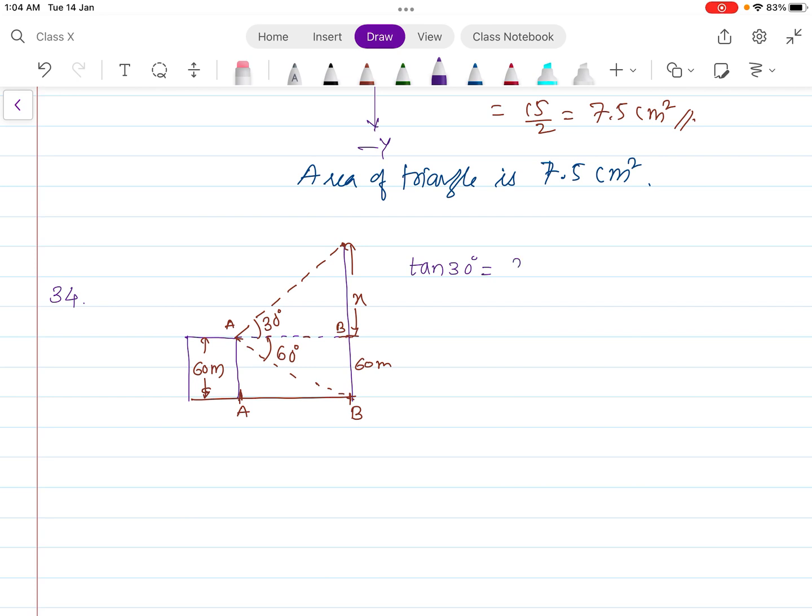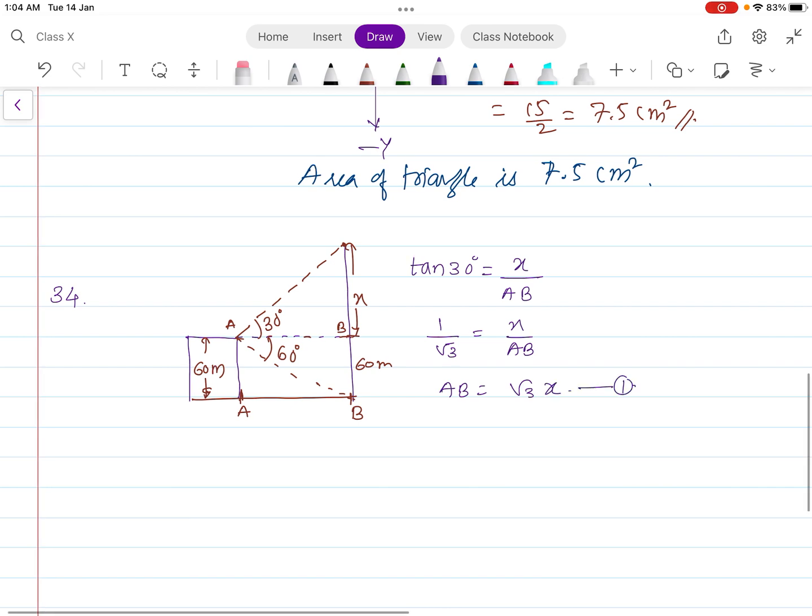Opposite is nothing but x in this case, and base is nothing but AB. So 1 by root 3 equals x by AB, and if you write AB, root 3 will come this side, so it will become root 3x. Right now we'll keep it as it is.